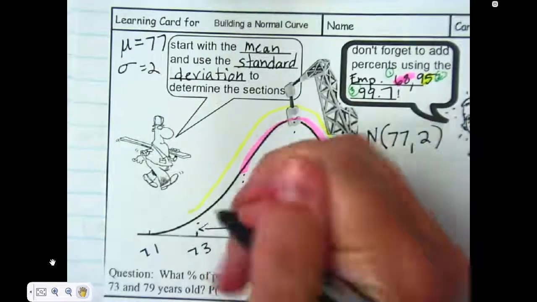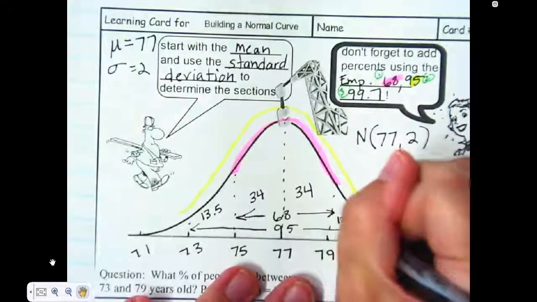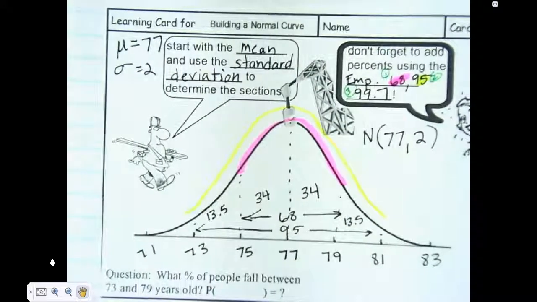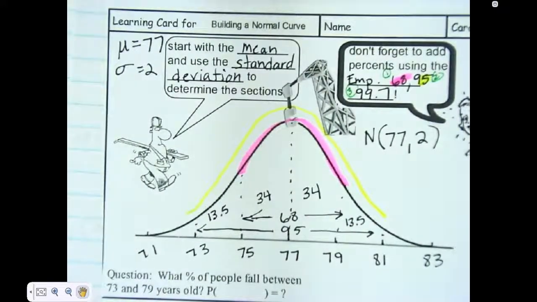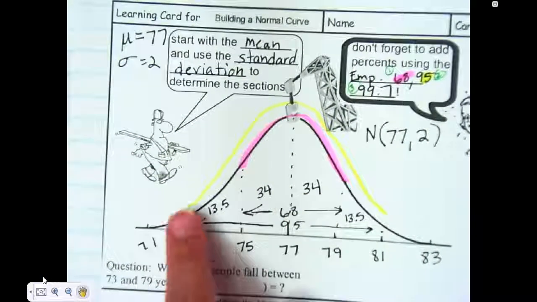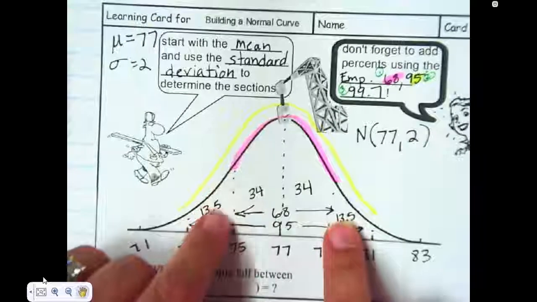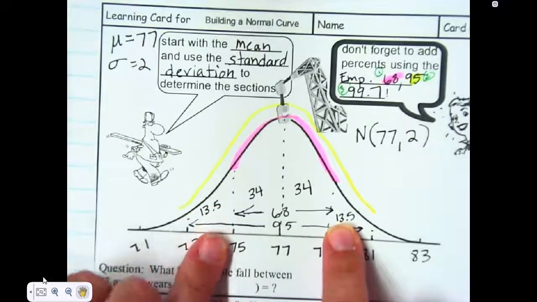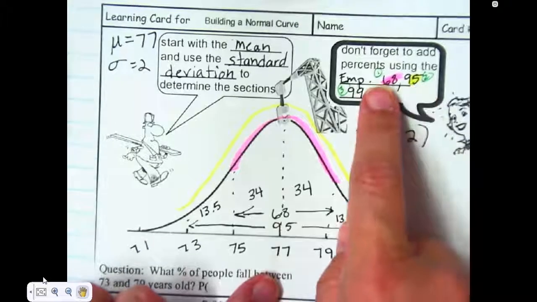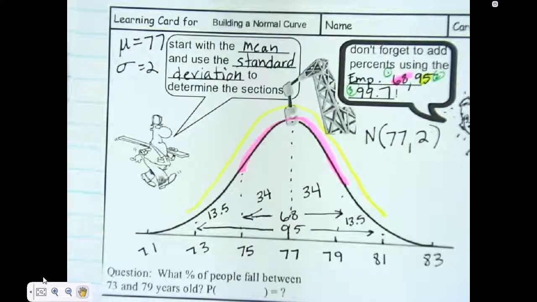When I do that, each of these little sections is going to be 13.5%. So 68% of the data, 34 on each side, and in the yellow, 95% of the data. To get the 13.5, I did the 95 minus the 68 and divided it by 2 because this is a symmetrical curve.